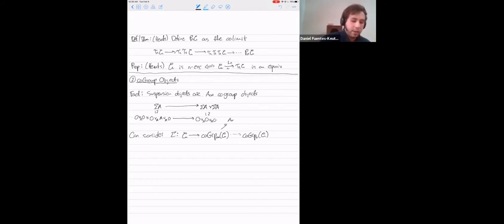So this is A infinity, this is AN. So by choosing which n I want to forget out, I can think of suspension as something that doesn't just go from C to C, but goes from C to AN cogroup objects in C.